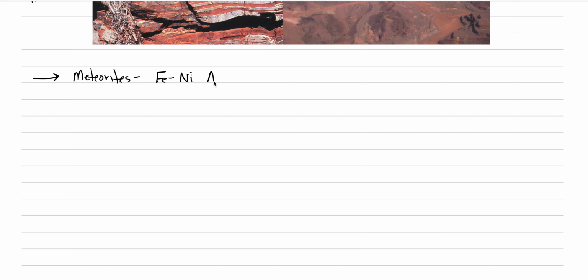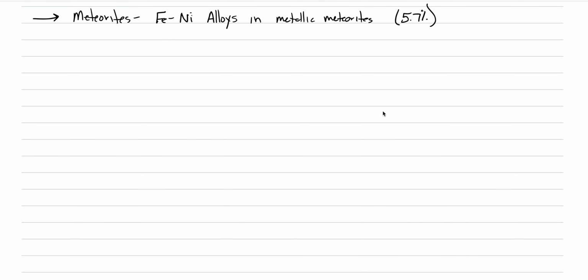They're not pure iron, I guess is the point I'm making here, is that there are metallic meteorites that are composed of iron nickel alloys. These metallic meteorites only represent 5.7% of all meteorites that fall, but because they look so strange, they don't look like a normal rock, they get oversampled. And so they're one of the more common types you can buy, even though they're not one of the more common types that fall.